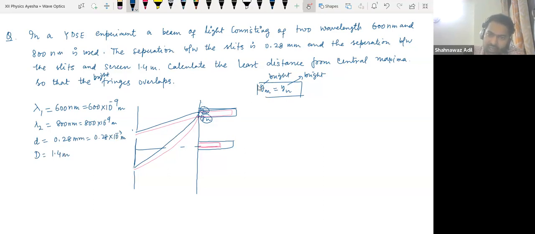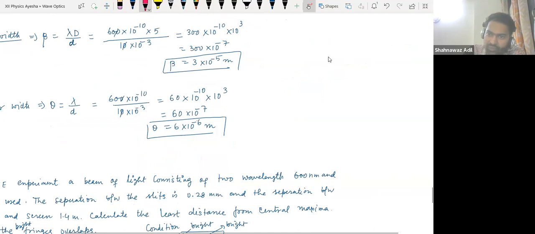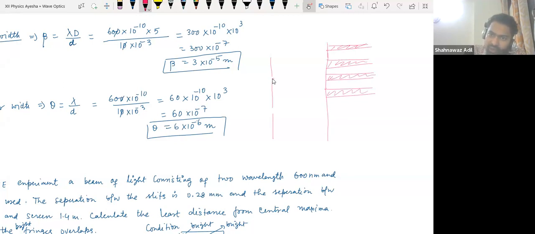So we have all these conditions, right? And the condition is, let me show you from here. For one wave, the wave pattern would be this: the central one, and then dark one, and then bright one, and then dark one. Let's say this one is for this wavelength.